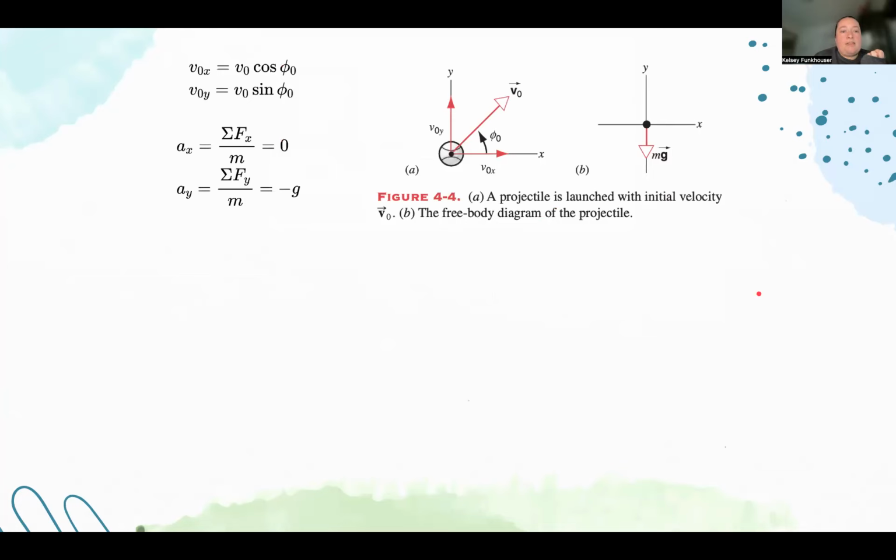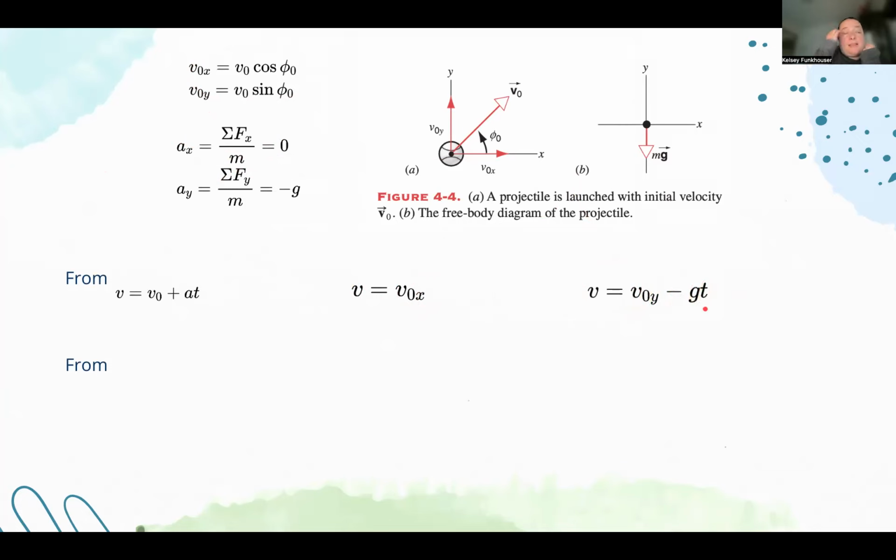Based on the acceleration and initial velocities, we can adjust our kinematics equations for this situation. So from this velocity equation, for x, we just get that the velocity is constant. And for y, we get the velocity is given by v naught y minus g t, our time.